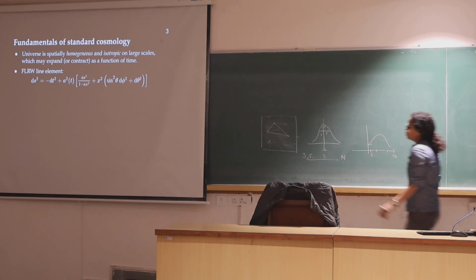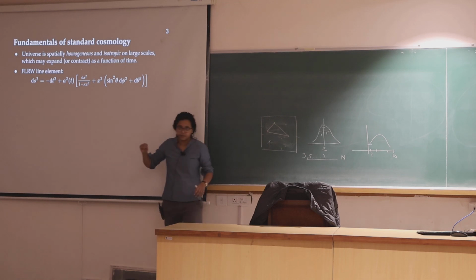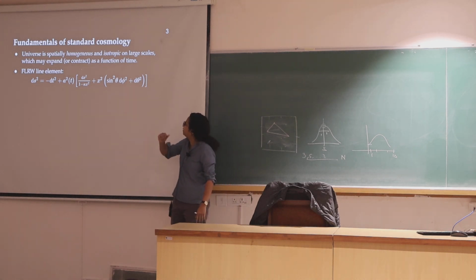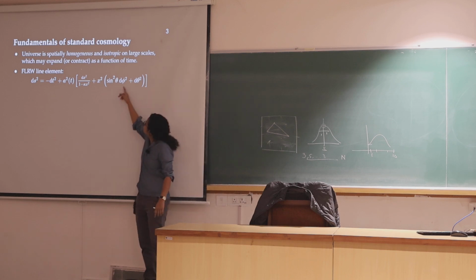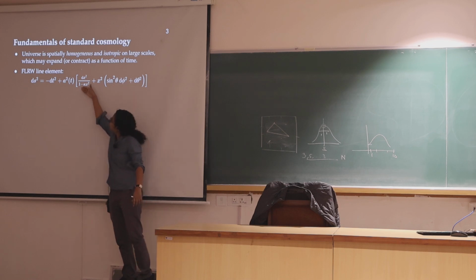Now, to give you an idea where it is coming from. In your coordinates, it is r, theta, phi. This is your normal spatial distance, r squared, and the angle. If you ignore this, this is just your r squared.